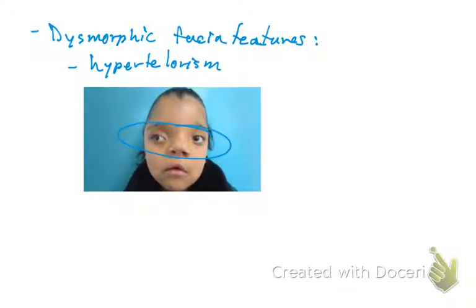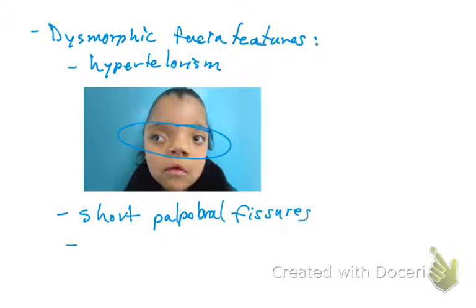So what else can a patient with DiGeorge syndrome present? Well, they can also have short palpebral fissures, a short philtrum, cleft palate, and bifid uvula. So, short palpebral fissures, and also a short philtrum.